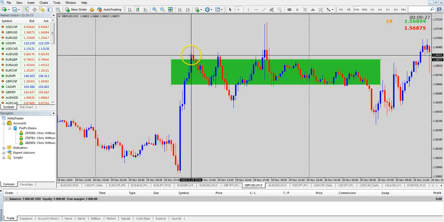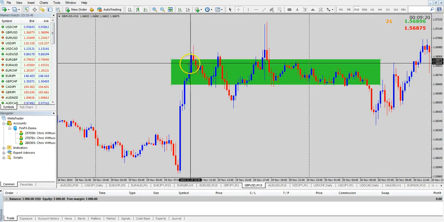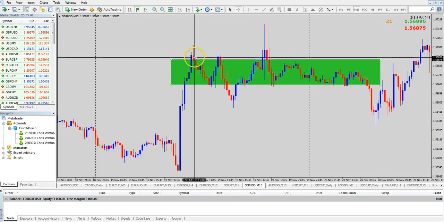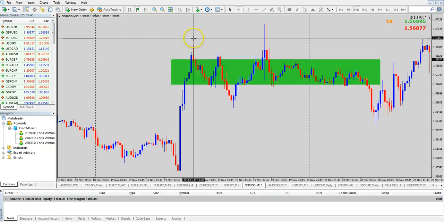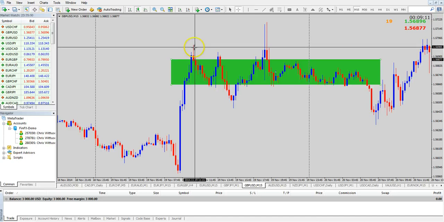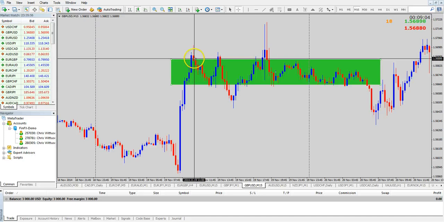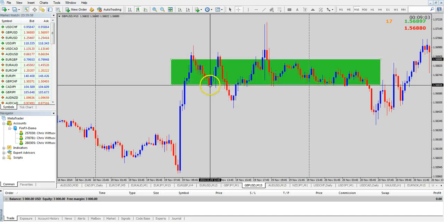That's a breakout. The next candle has got to confirm the breakout, meaning it's got to be the same color, which it isn't. So we have a breakout north, we have a bull candle, right? But the next candle is a short candle, it's a red candle, so it's going the other way.